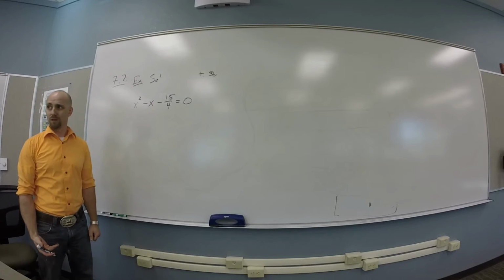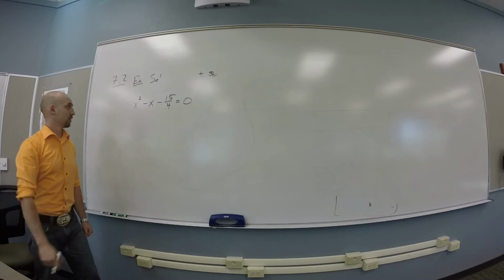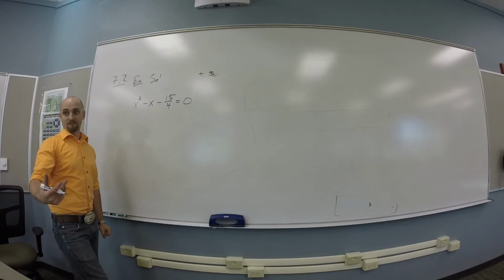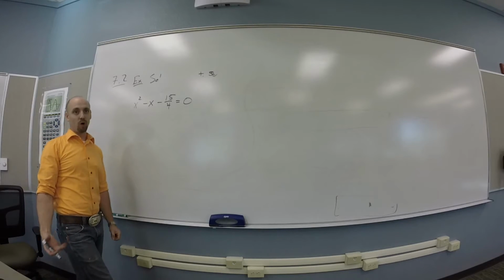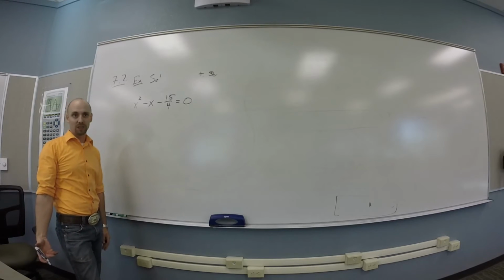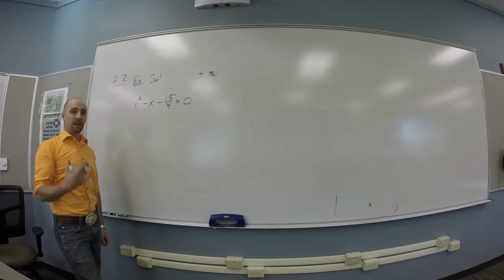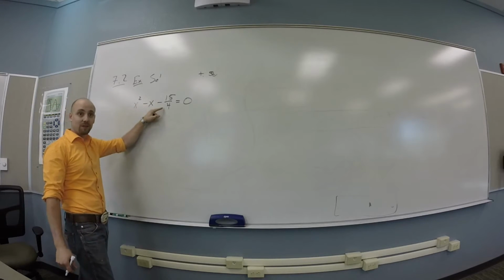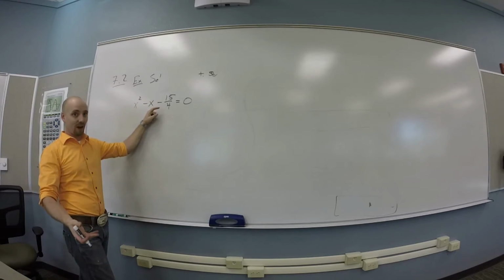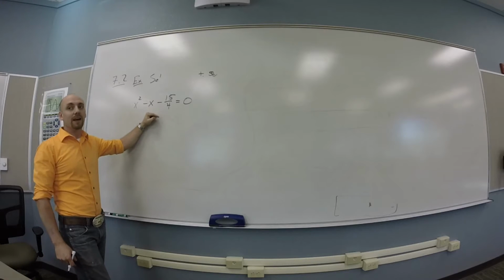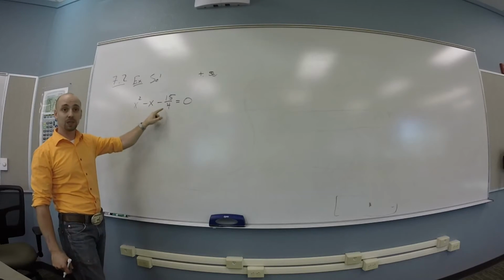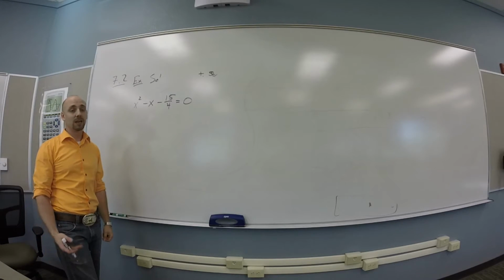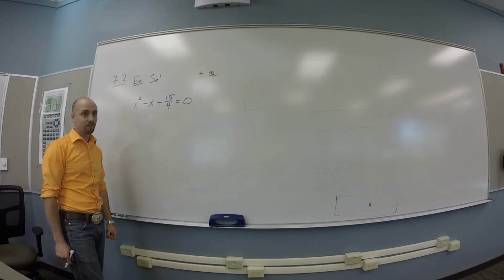Try to get 15 over 4 to the other side. Add. Okay. So why don't I want to multiply the whole thing by 4? You have to divide it by 4. Yeah, because I've got to have a equals 1 for this completing the square technique to work, right? So actually, if I had 4x squared minus 4x minus 15 equals 0, the first thing I would do is divide by 4 anyway. This fraction is a small price to pay for having a technique, right? If I don't have this fraction here, I definitely don't have a technique that's going to work.